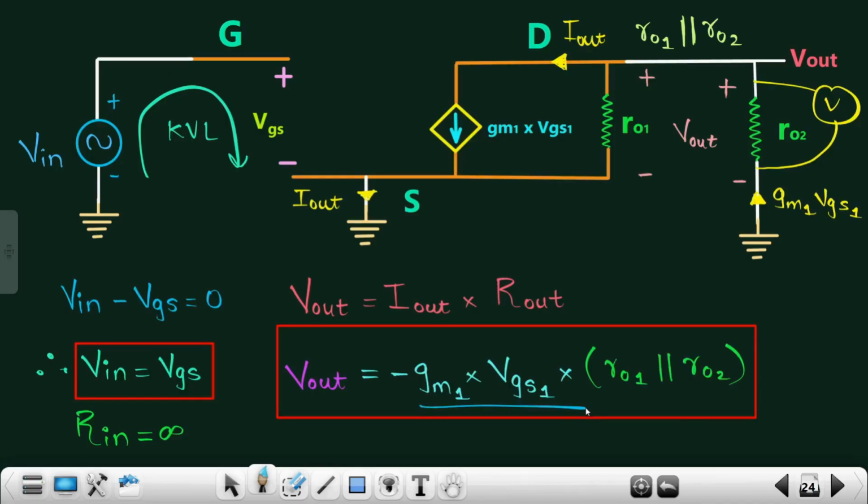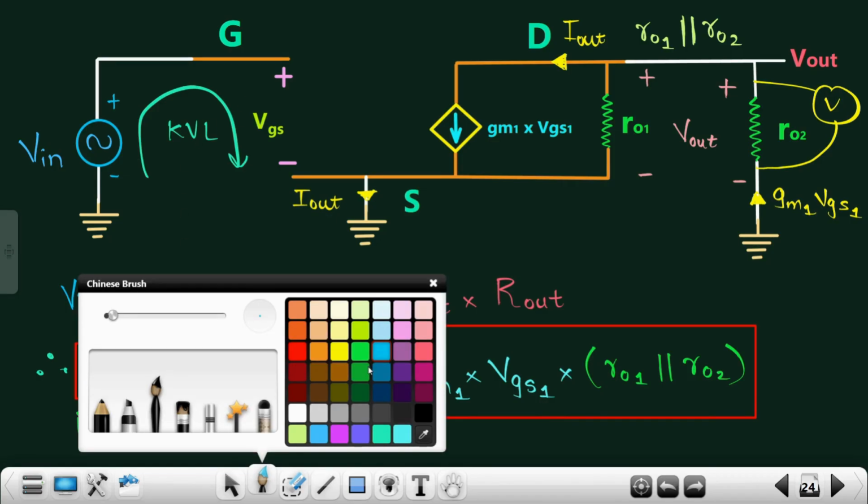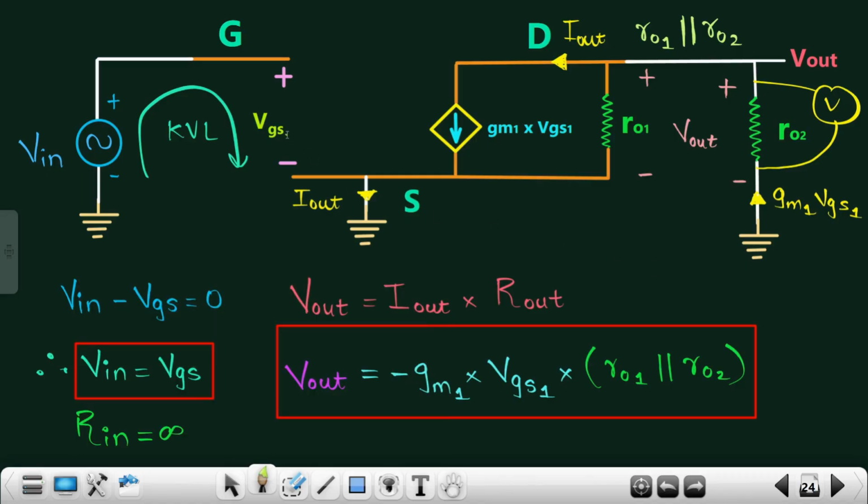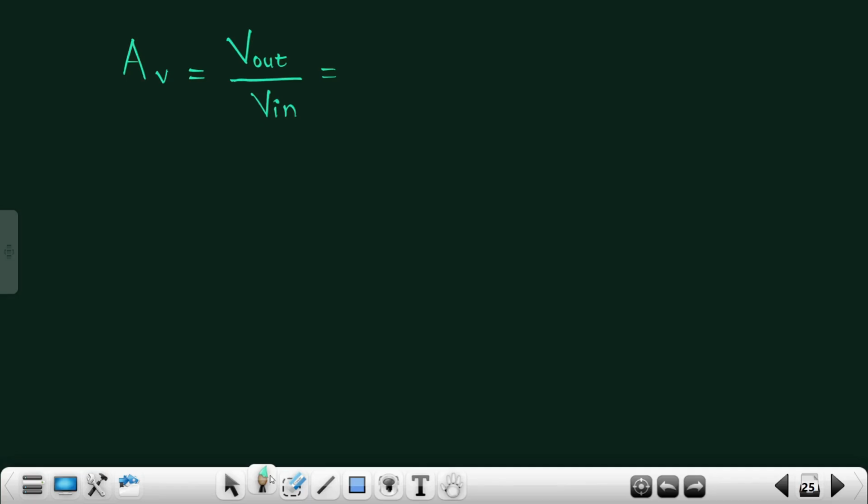Minus of gm1 VGS1 times RO1 in parallel with RO2. And for V in, I just did a small mistake. This should be VGS1, so your V in is nothing but VGS1.